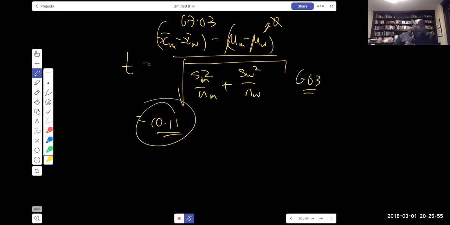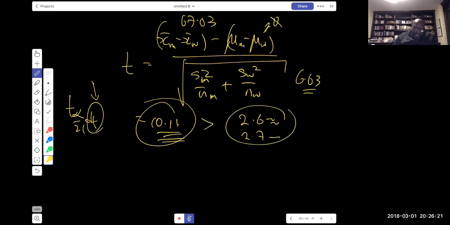The only difference is that now we will be comparing that 10.11 to the critical T value, the T alpha over 2 with the degrees of freedom calculated, which I believe will be about 2.6 something or 2.7 something. Whatever that turns out to be, this number is going to be much greater than it.